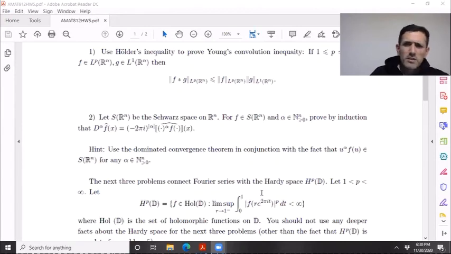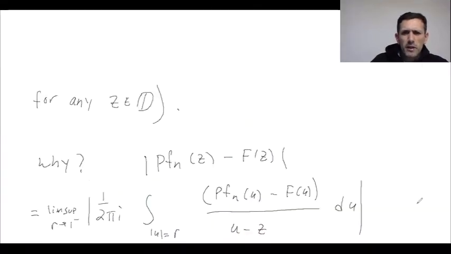And given something in HP, it's not trivial that you have convergence as r goes to 1 to a function on the circle. Anyway, it's getting into some non-trivial Hardy space theory. Don't want to go there.